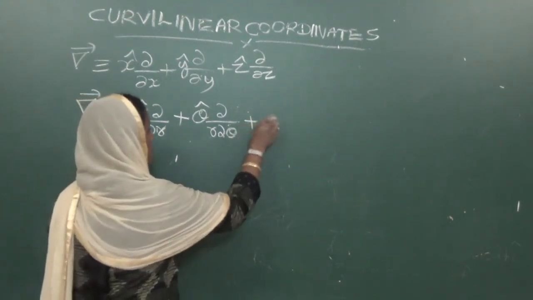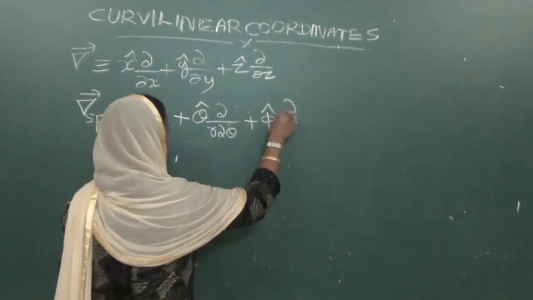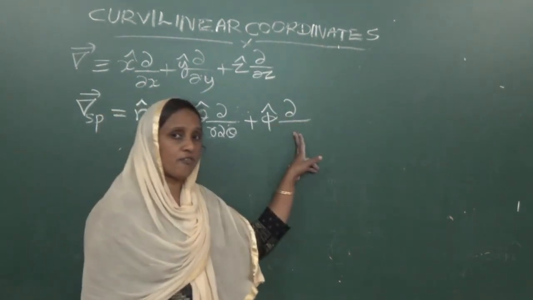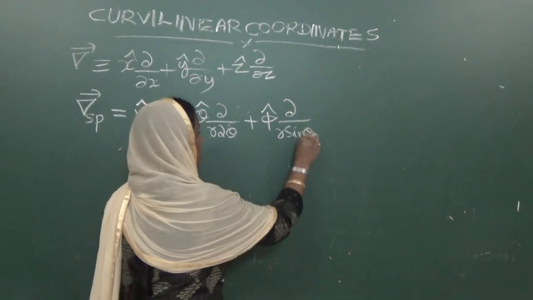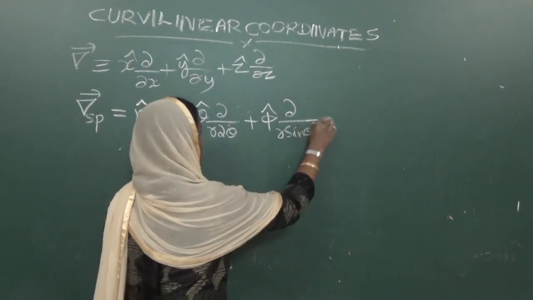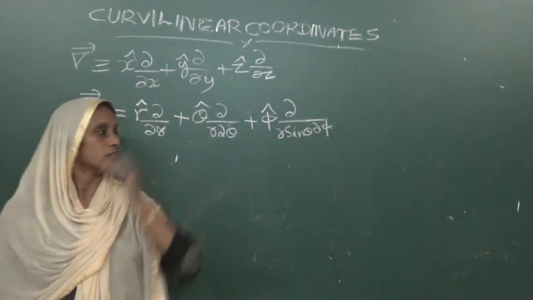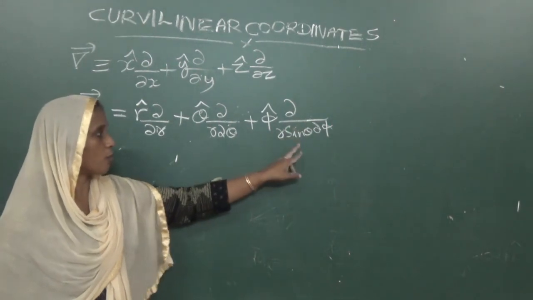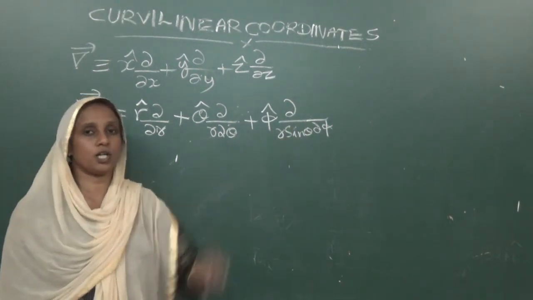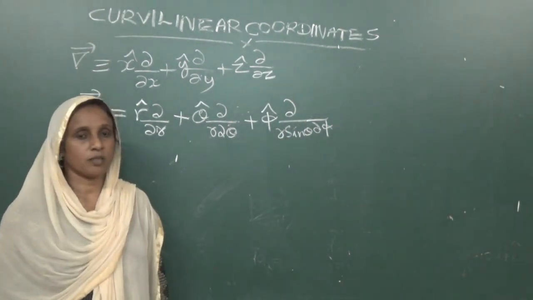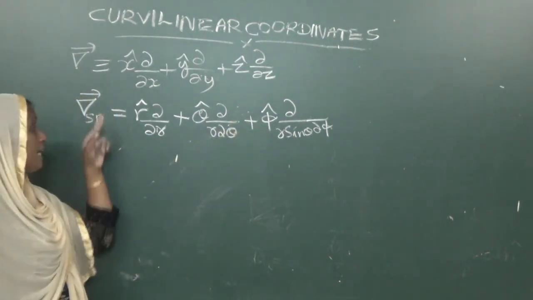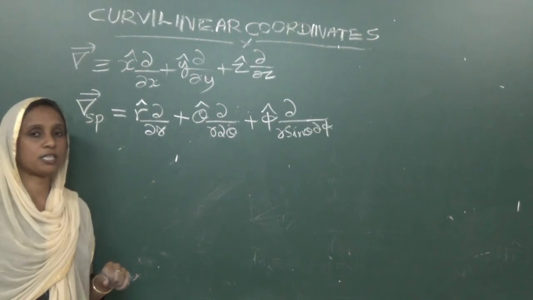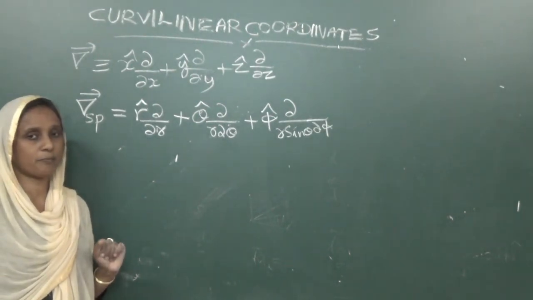Plus phi cap along dou by dou L phi. dL phi means r sin theta d phi, so dou by r sin theta dou phi. This is the expression for the gradient operator in spherical polar coordinate system.